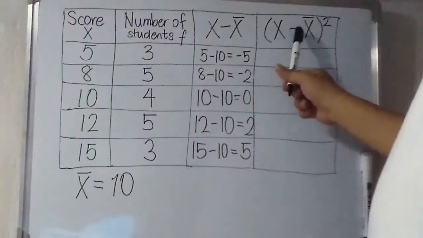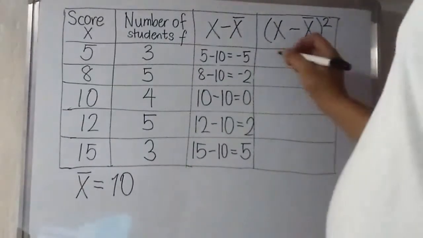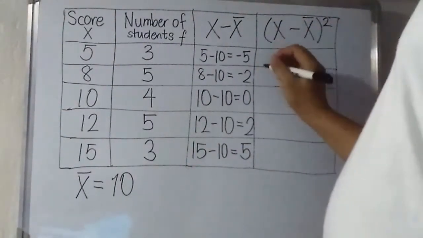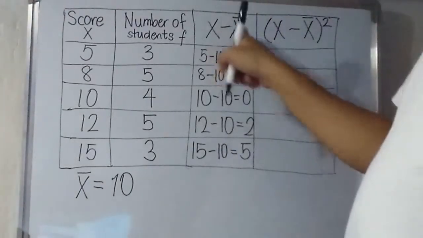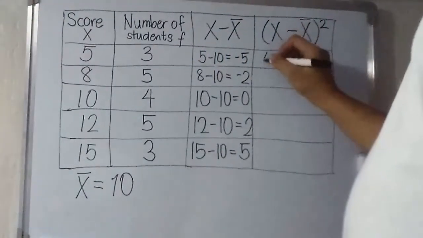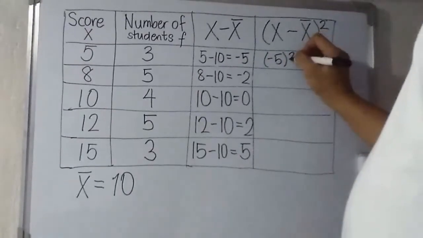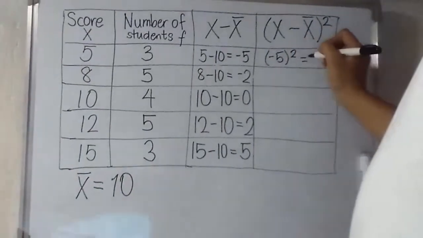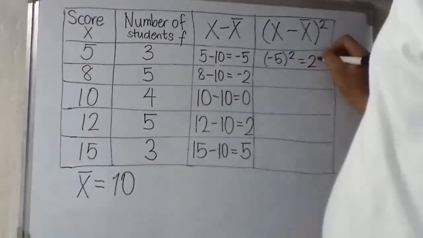Next, we shall have to fill in another column. This one means the square of this. So negative 5 squared is equal to 25.